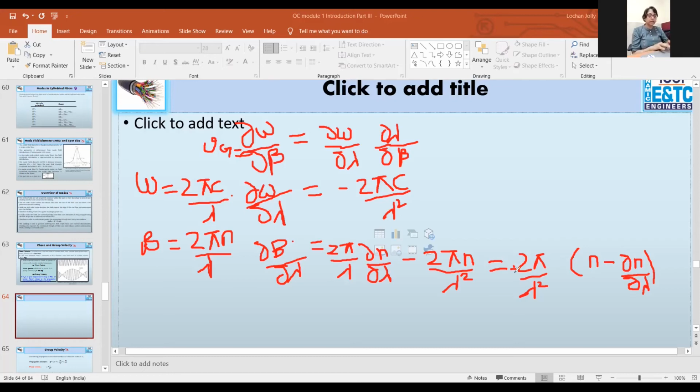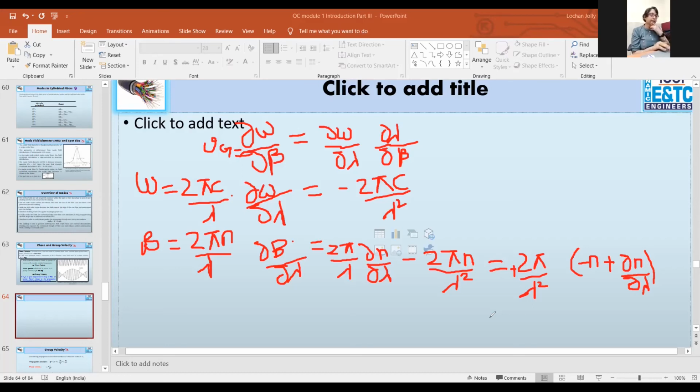Or I can just keep it positive, making it negative, and this is positive. Okay? I'm just not taking out the minus sign common. Yes?